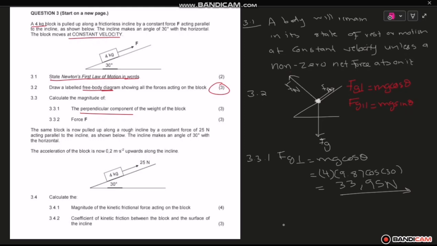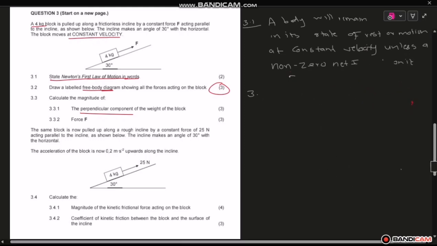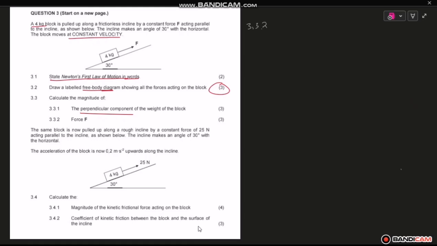Then 3.2, they want us to calculate force F. But now let's erase this one and continue. No, actually, maybe we'll need this 3.1 somehow. Let me try to restore what I erased. Let's see. Oh, we have 33.95. Okay, it's fine.